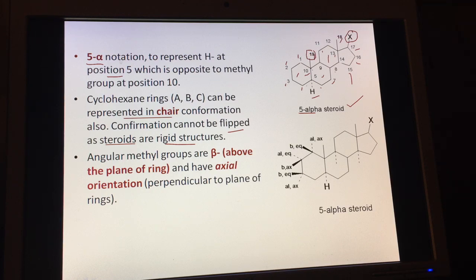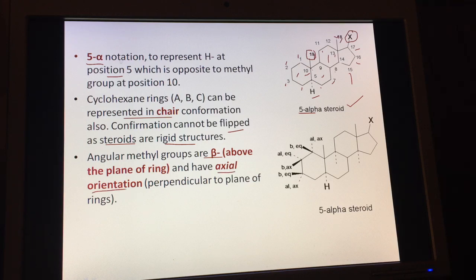Alpha are shown by the dotted lines and the beta are shown by the straight line. Both angular methyl groups, that of C18 and C19, are of the beta configuration and have axial orientation.